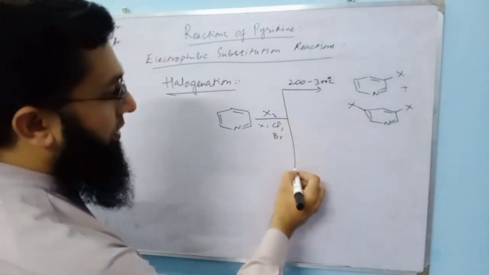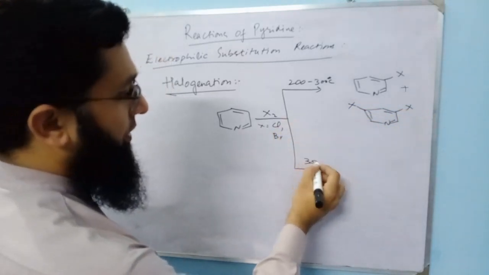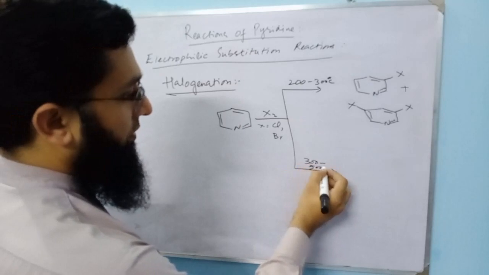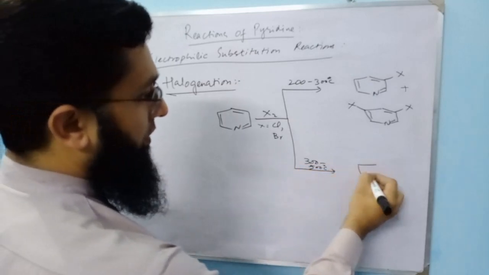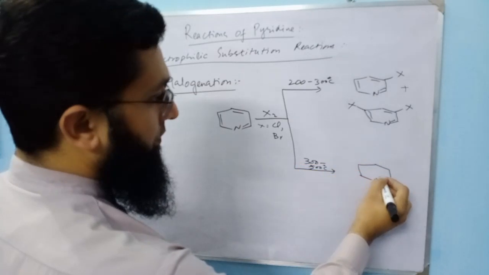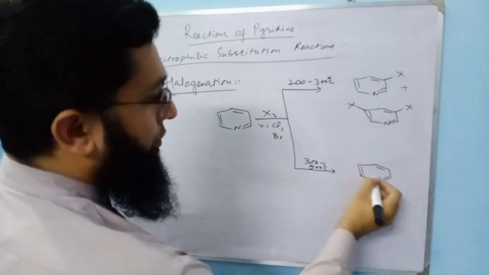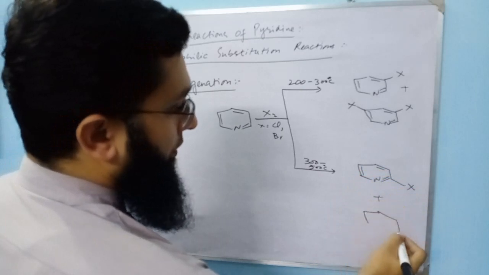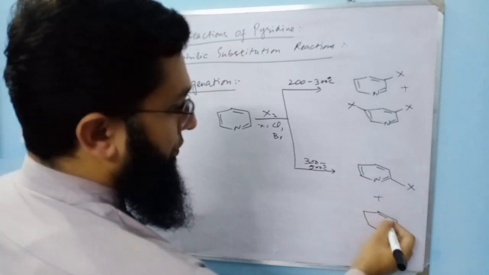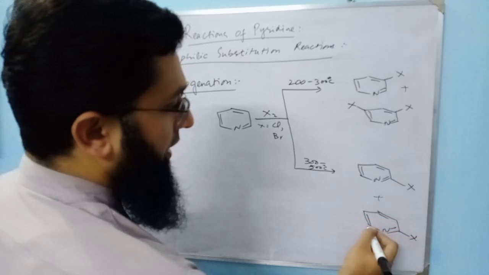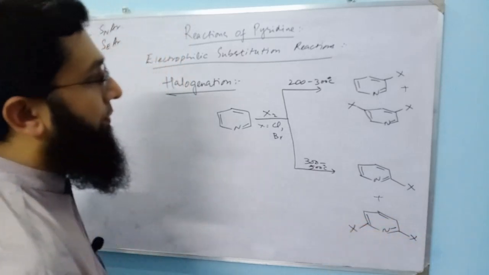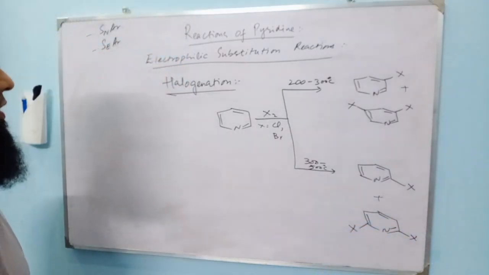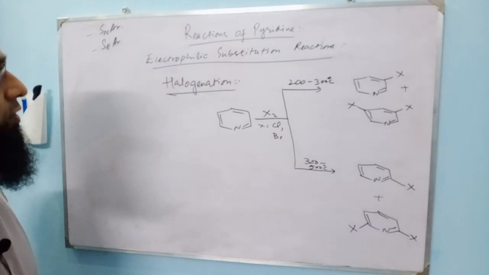And if the reaction temperature is kept 300 to 500 degrees centigrade, we will get 2 substituted or 2,6 disubstituted pyridine derivative. So these were some electrophilic substitution reactions of pyridine.